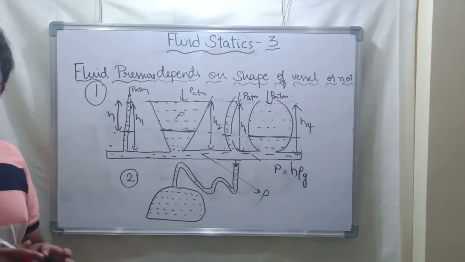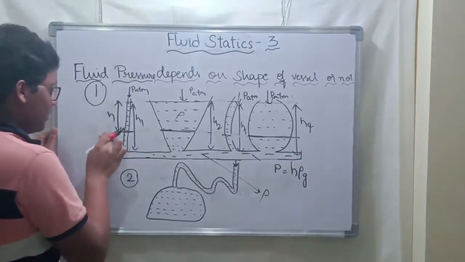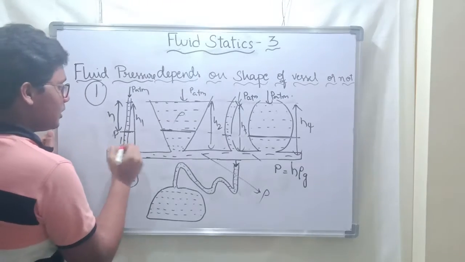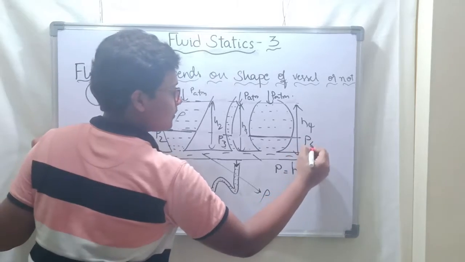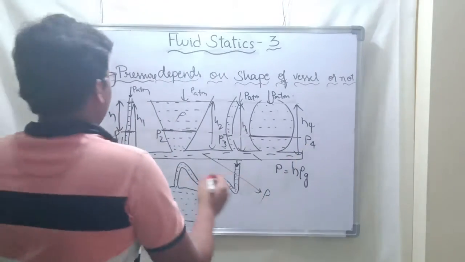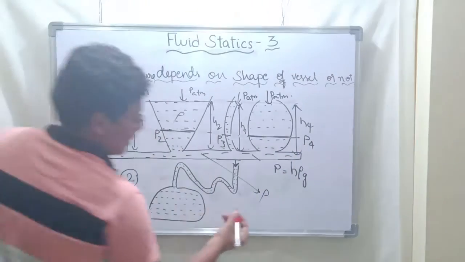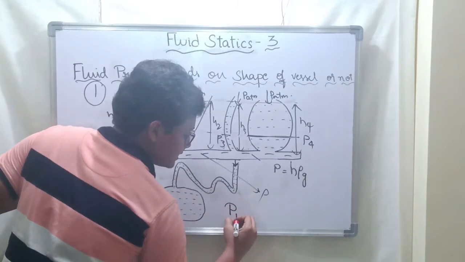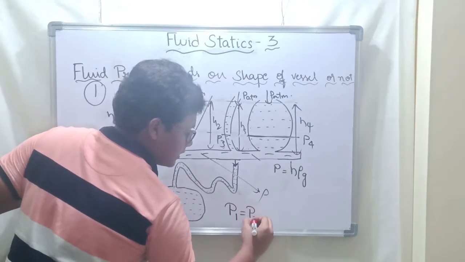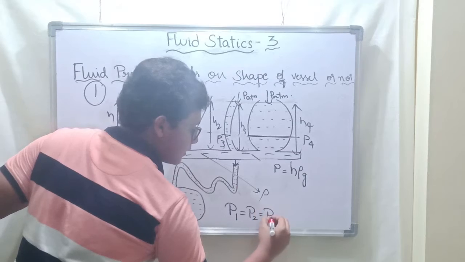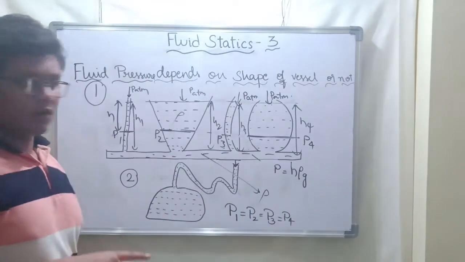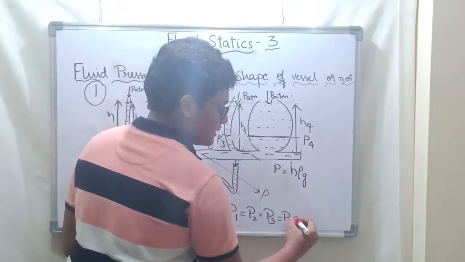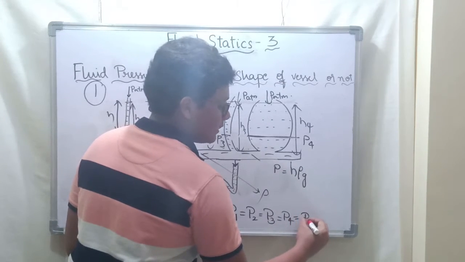Same level means pressure will be equal. So we will take P1, P2, P3 and P4. P1 is equal to P2 is equal to P3 is equal to P4, because they are all at the same height, and PATM is acting downwards.